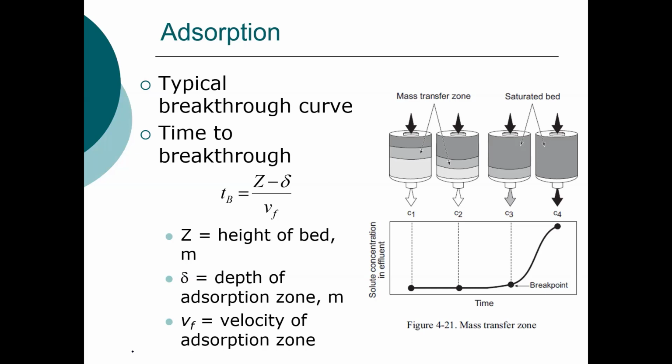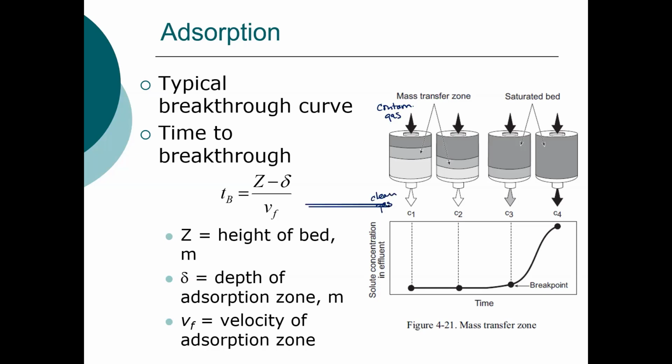So we have a column containing the adsorbent, and we're passing the gas through the column. And what we produce is clean gas. So we have our contaminated gas, and coming from that, we have the clean gas.